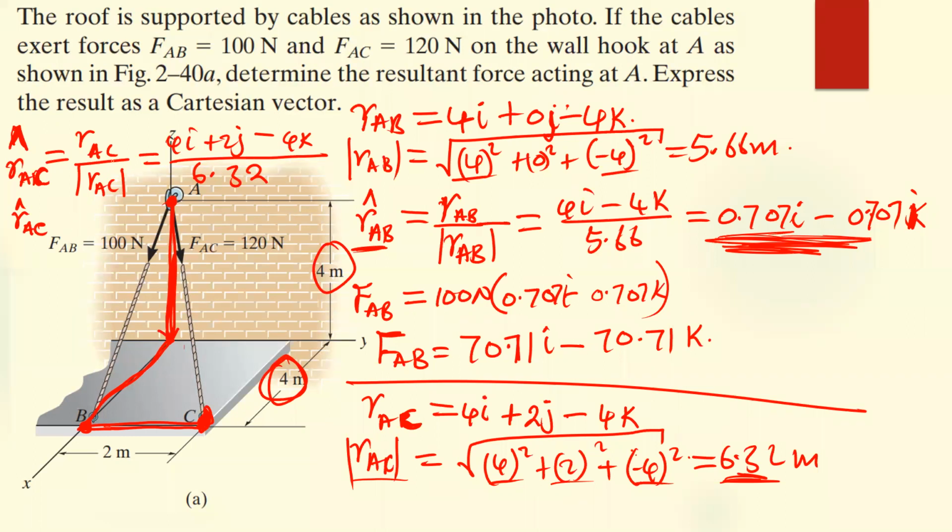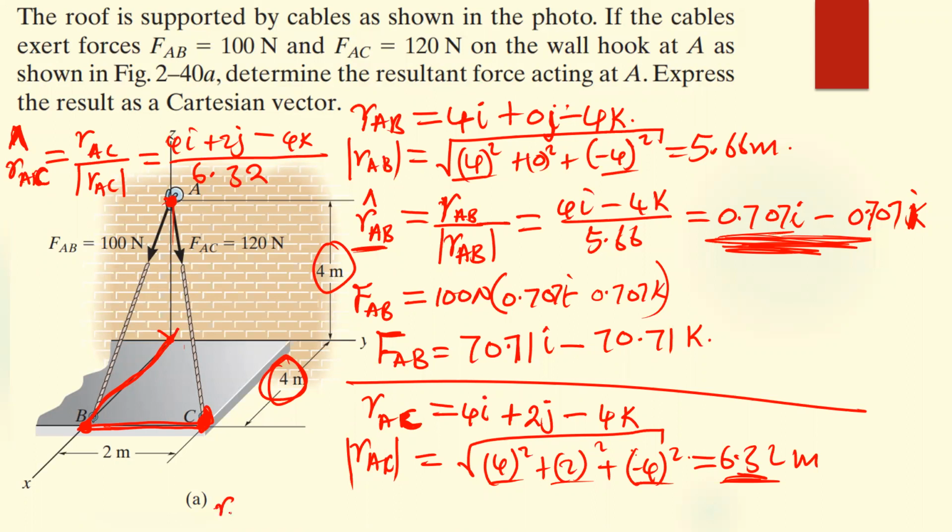When we divide everything by 6.32, we are going to get the unit vector in the direction of AC.